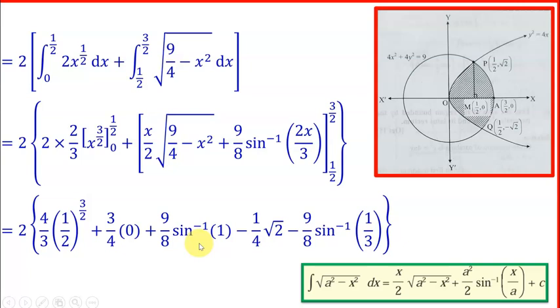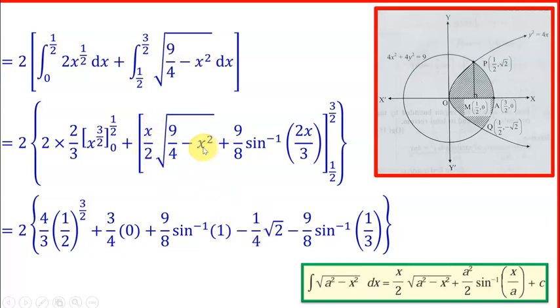Next, x is replaced by 1 upon 2. That is upper limit minus lower limit. When we take the lower limit, x is equal to 1 upon 2. Therefore, x is replaced by 1 upon 2. 1 upon 2 upon 2 will become 1 by 4.